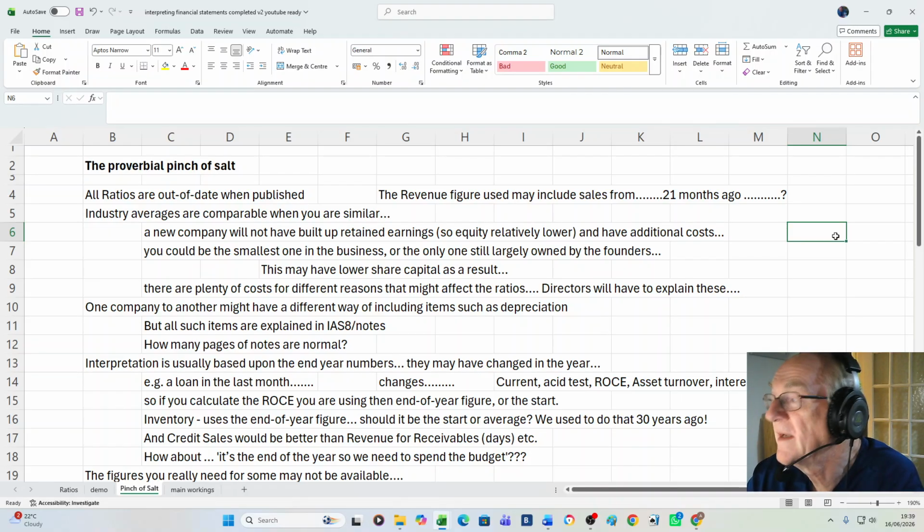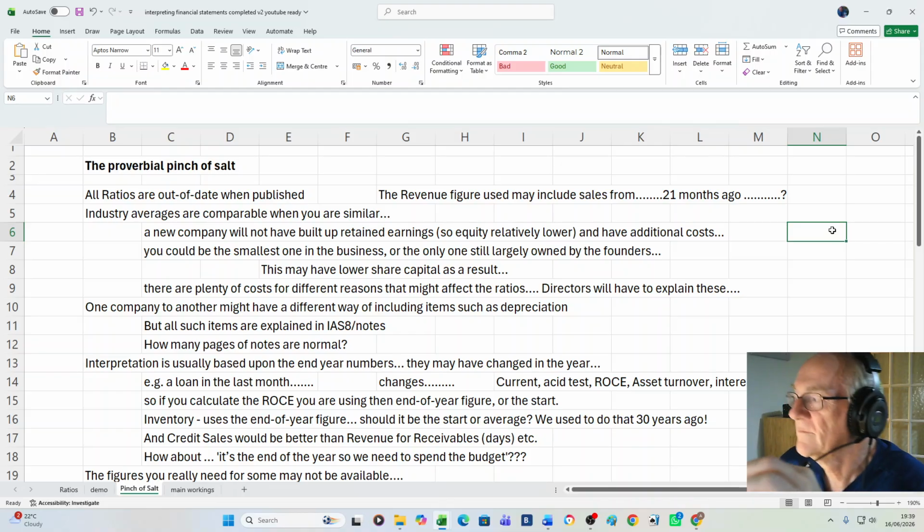And the revenue figure will be a whole year. So the revenue figure will include sales from 21 months ago to 12 months ago. No, sorry, 9 months ago. So, yeah, not brilliant, but it's the best we can do, unless, of course, we're looking at our own numbers.